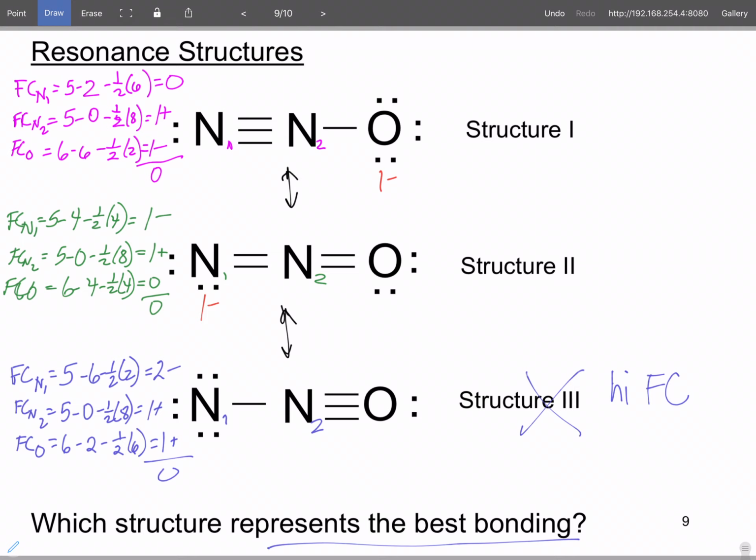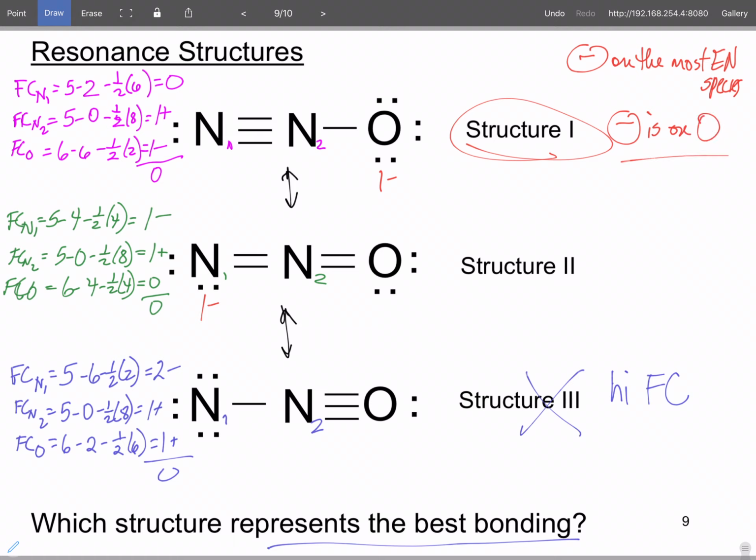We want the lowest formal charges, which both structure 1 and structure 2 qualify as. And then the other thing is we want the negative on the most electronegative species. So, who is more electronegative? Oxygen or nitrogen? Oxygen, because the negative is on the oxygen here. So, not only does it have the lower formal charges, but it has them in the best locations. So we're good on that.